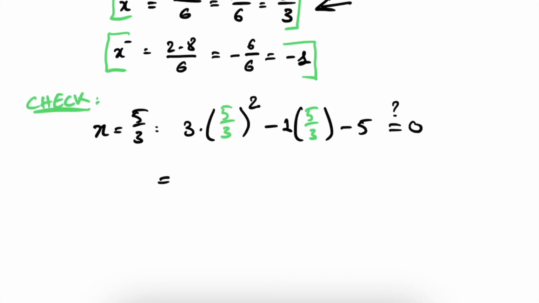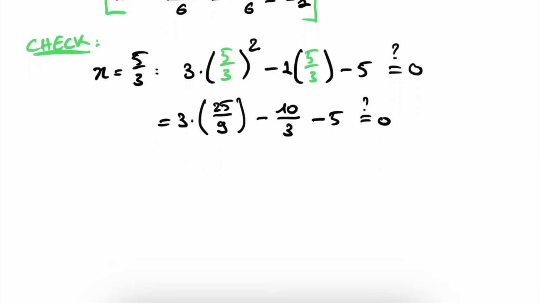So let's see. 3 times, and 5 over 3 squared is just 5 squared divided by 3 squared. So it's 25 divided by 9. Minus 2 times 5 over 3 is 10 over 3. Minus 5 should be equal to 0. So let's see whether this is the case. This 3 cancels this 9, and this 9 becomes a 3, because 3 divided by 9 is 1/3.